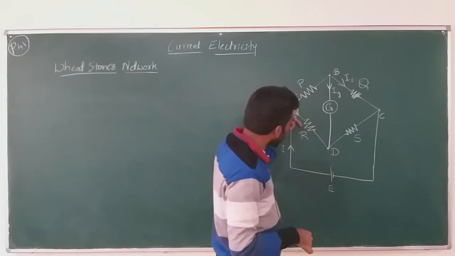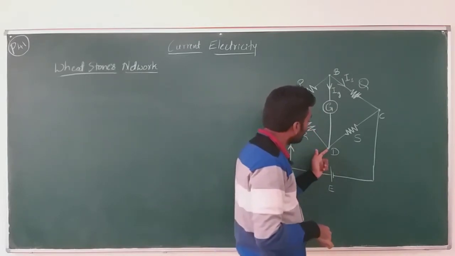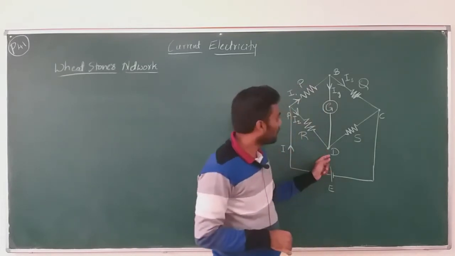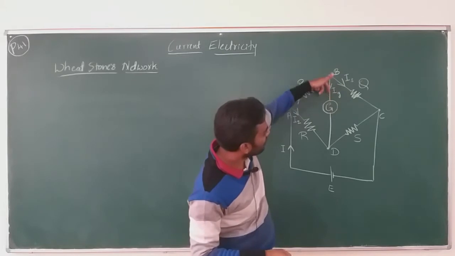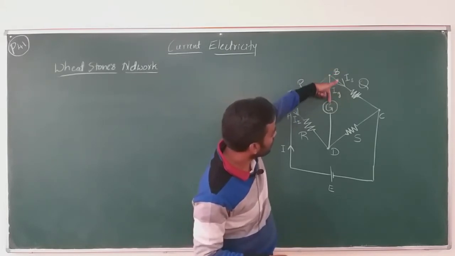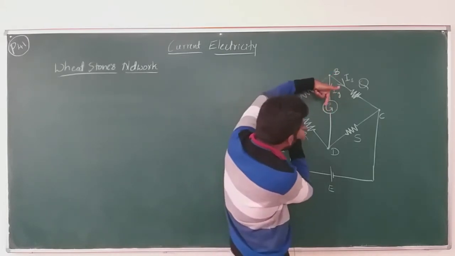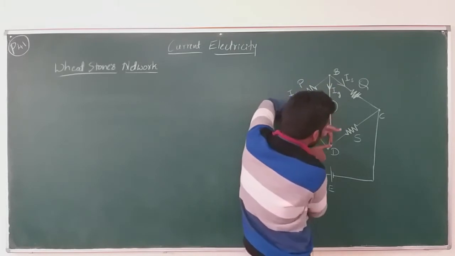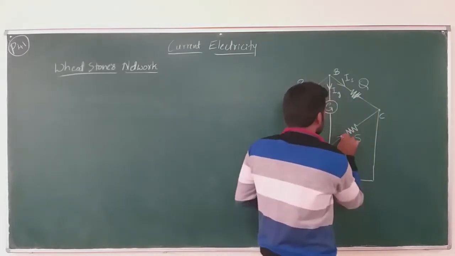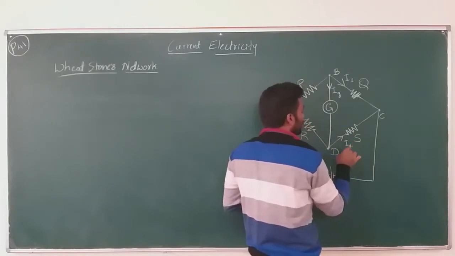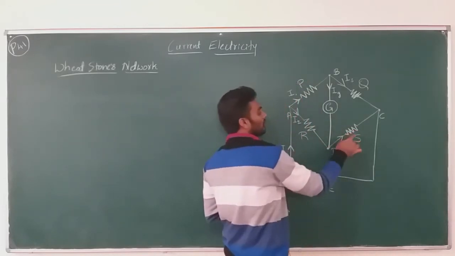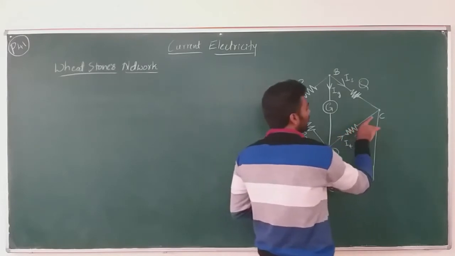And this I2 comes here, and again it splits at this point, but this time we have current already coming in this part of the electrical network. So now these two currents join together and go through the resistor S, and let me call that current through resistor S as I4.